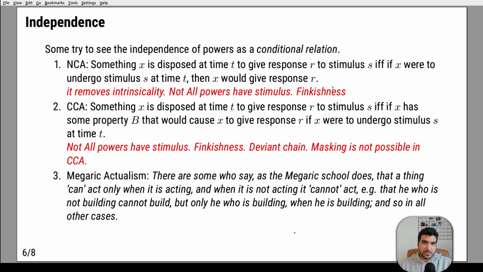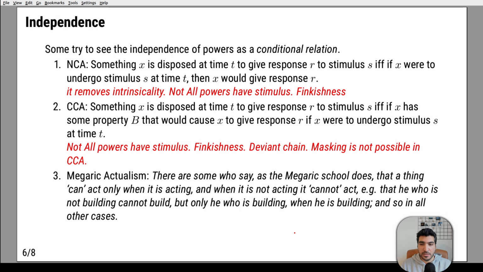So this quote is from the Megaric school of the time of Aristotle, and this quote is from Metaphysics of Aristotle. Aristotle says that there are some who say, as the Megaric school does, that a thing can act, and by can he means has the power to act, only when it is acting, and when it is not acting, it cannot act. So this school said that power is something that you only have when you do that thing that you have the power to do.